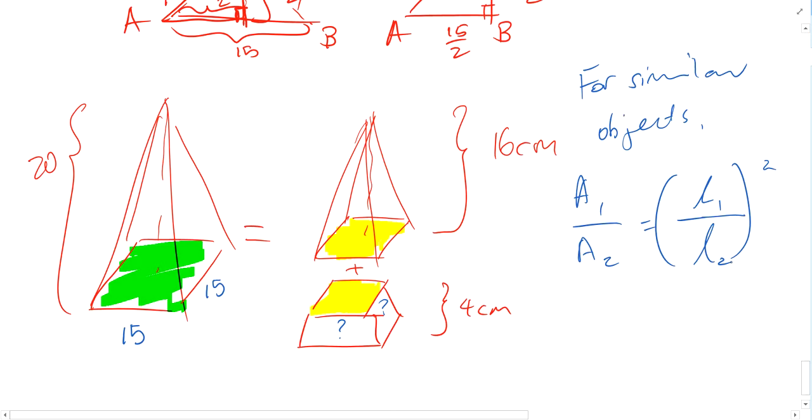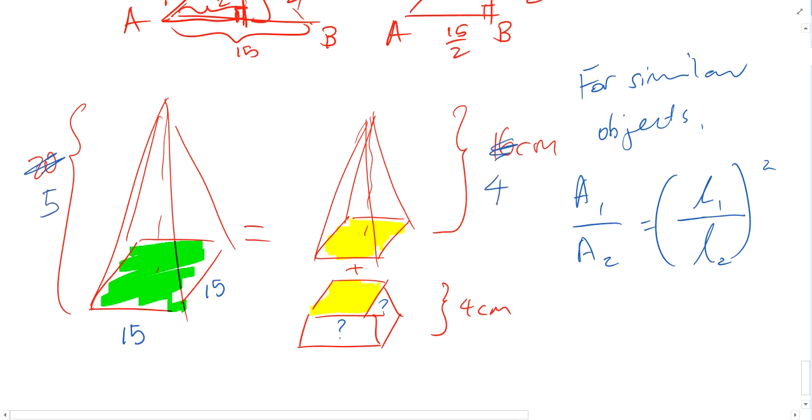What is the ratio of any known length over here? You can tell me length, base, breadth, height, slant height, anything that is measured in cm that you know. What is the ratio of height? 20 to 16. Can simplify further? Yes, this will become 5, and this will become 4.